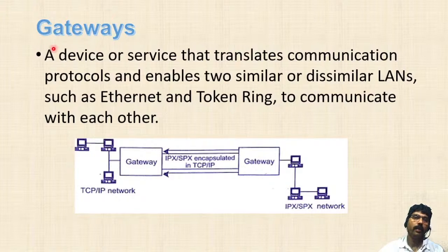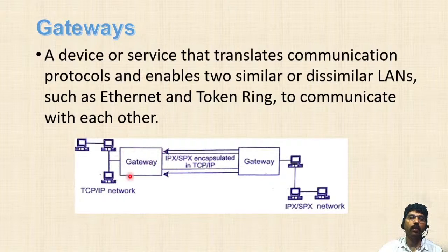Next device is called gateways. Gateways are actually devices or a service that translate communication protocols and enable two similar or dissimilar LANs, such as Ethernet and token ring, to communicate with each other.